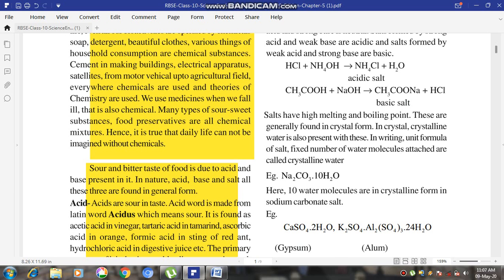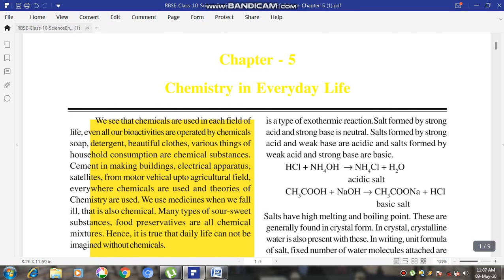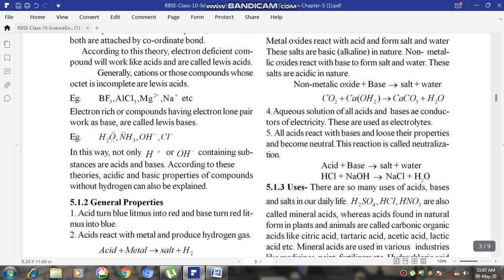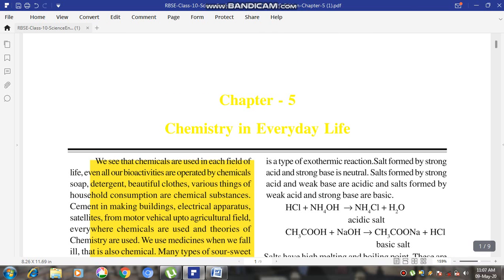Neutralization reaction is a type of exothermic reaction.